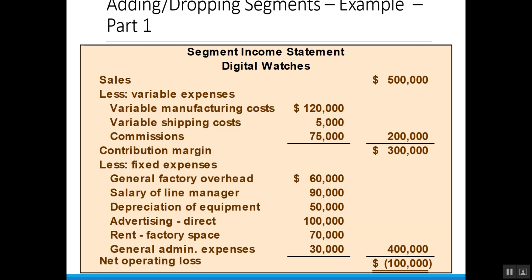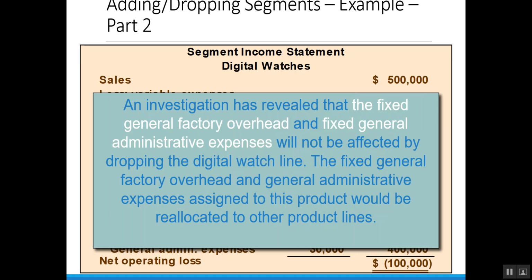So here's a segment income statement for the digital watches. Notice we have 300,000 in contribution margin, not commissions, compared to the fixed expense of 400,000, and we get a net operating loss of 100,000.